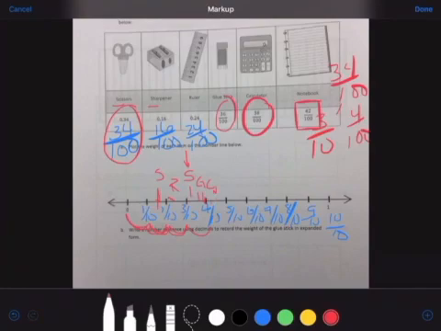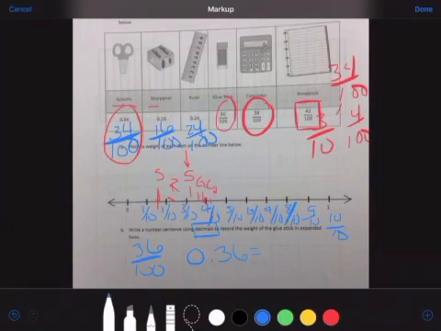Okay? Then B says to write a number sentence using decimals to record the weight of the glue stick in expanded form. So I'm going to take the glue stick, which is 36 hundredths, but I need to write it in decimals, so that would be 0.36.